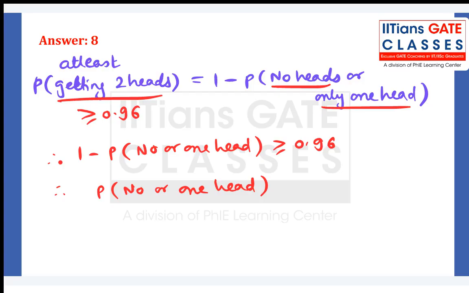So that is less than or equal to 0.04. I'm just playing with the inequality here.